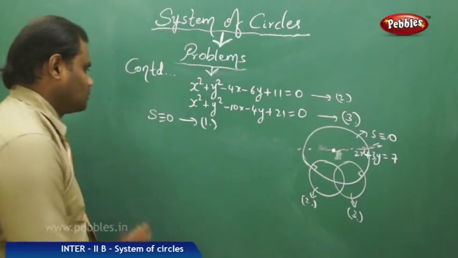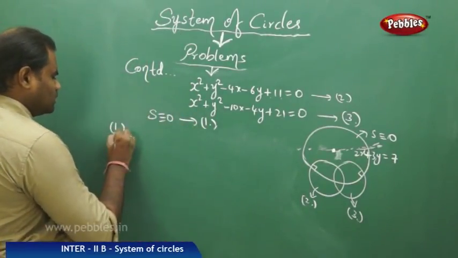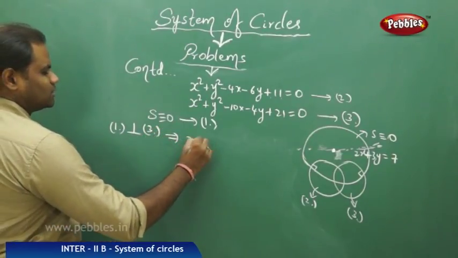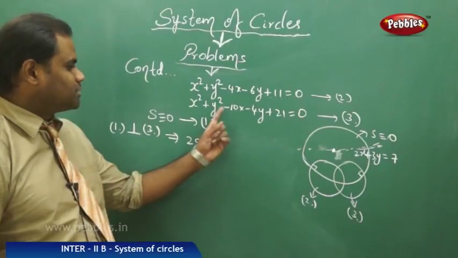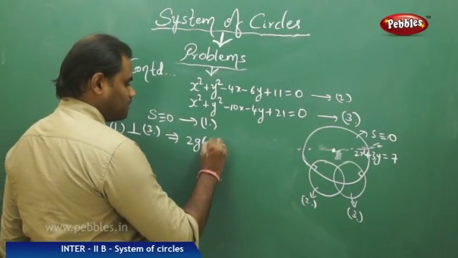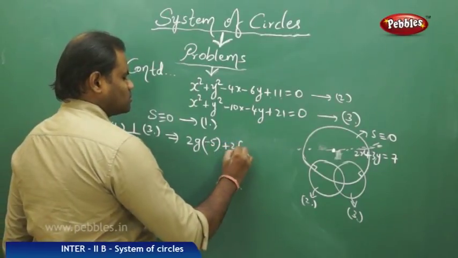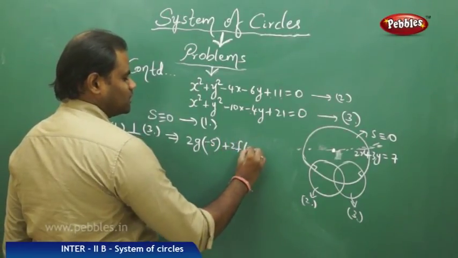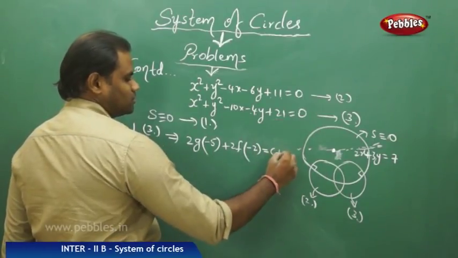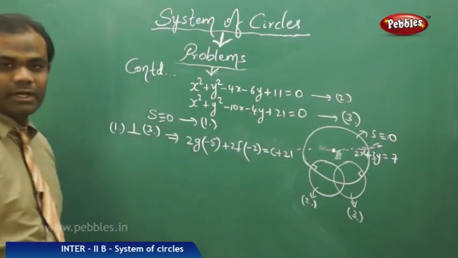Now, similarly, 1 is orthogonal to 3 implies I get 2gg dash, in this case g dash is half of minus 10, which is minus 5, plus 2ff dash, f dash is half of minus 4, which is minus 2, that is equal to c plus c dash.